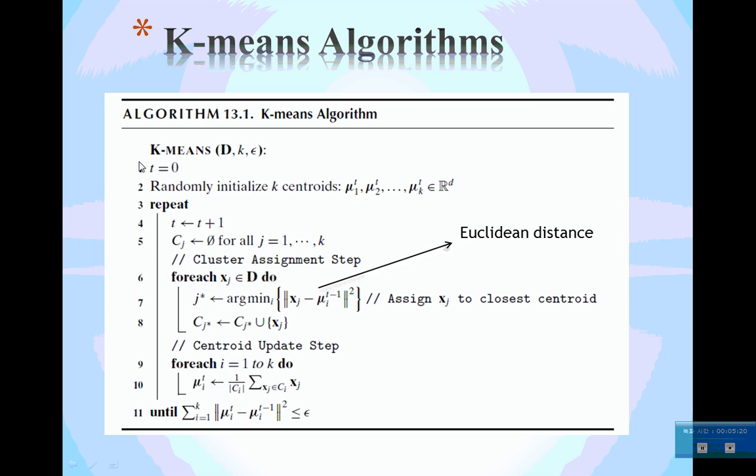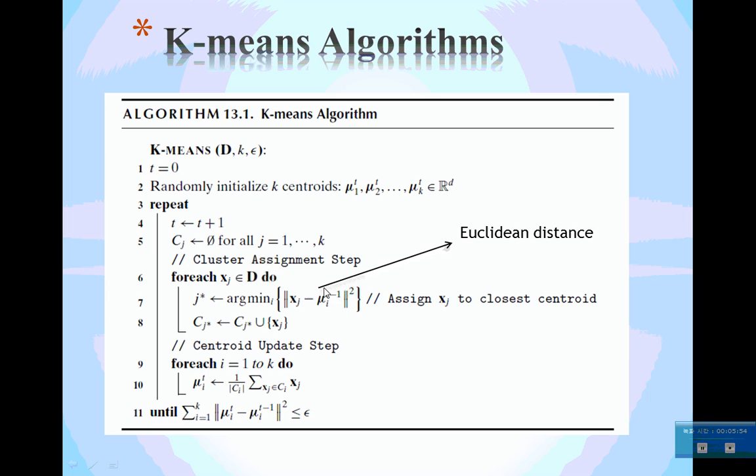Here, first t equals 1 means the original data, and first we choose k points as the centers. Then we repeat. Here this is the center point we chose, and this is a data point from the original data.